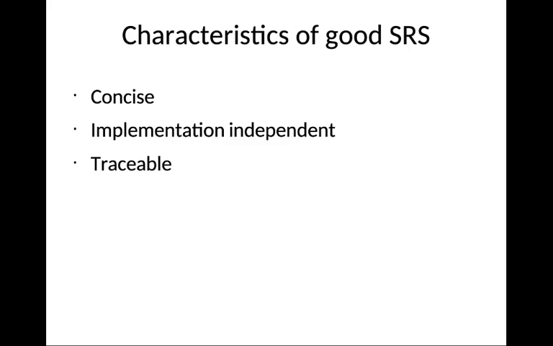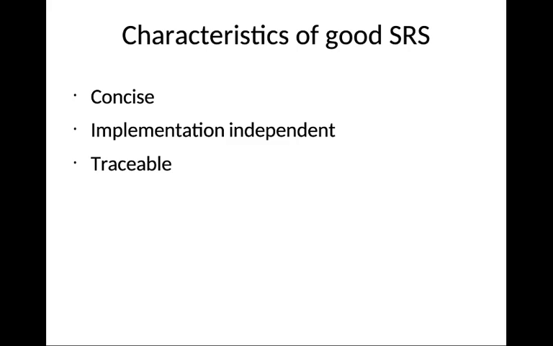Then it should be traceable. Traceable means that if we have designed some elements of this SRS, then that design should be traceable back to the SRS. And also if we have coded something, it should be traceable back to the design, and again back to the SRS document.